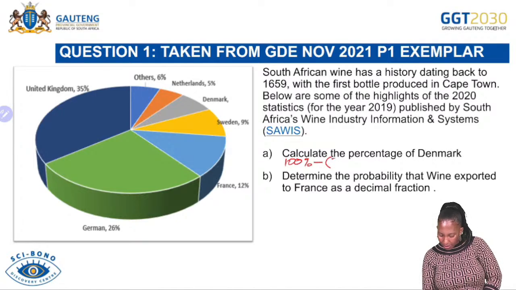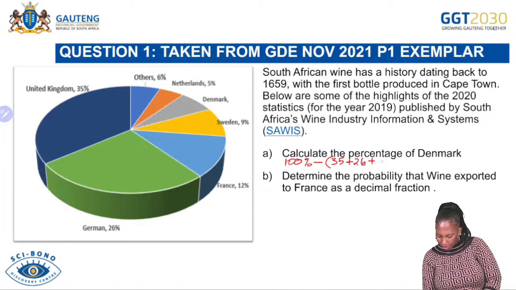I'll start with the United Kingdom. It will be 35 plus Germany 26 plus France, which is 12, plus Sweden is 9, plus Netherlands. Now remember, we are looking for Denmark here.